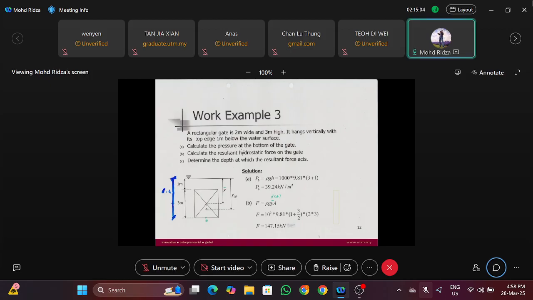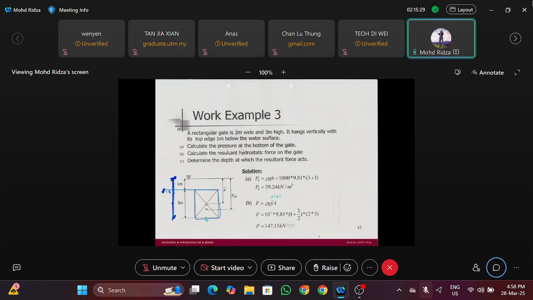You have a rectangular gate that is 2 meter wide and 3 meter high. It hangs vertically with its top edge 1 meter below the surface. So the whole gate is submerged.